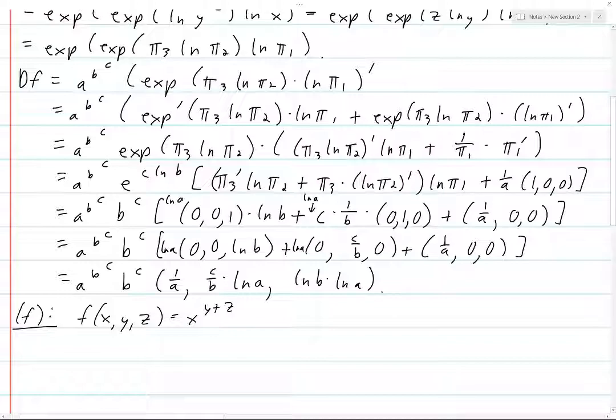This is the exponential of the natural log of x to the y plus z. And so then we can bring down the y plus z, natural log of x. And so this is going to be the exponential of pi 2 plus pi 3 times natural log of pi 1.